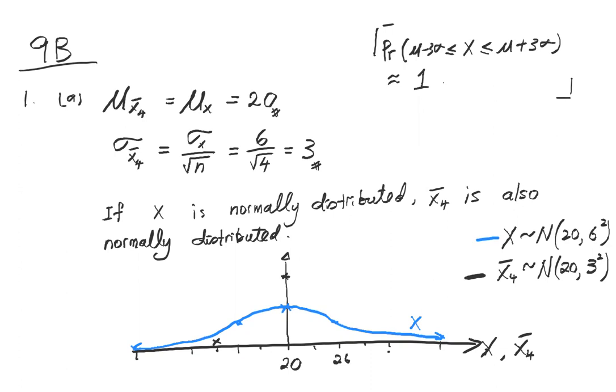Here is 32, here is 38. You must put down the scale. 20 minus 6, 14. 14 minus 6, 8. 8 minus 6, 2. So the curve goes like that.